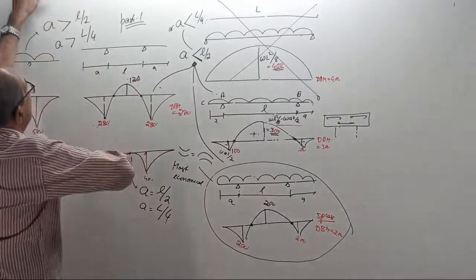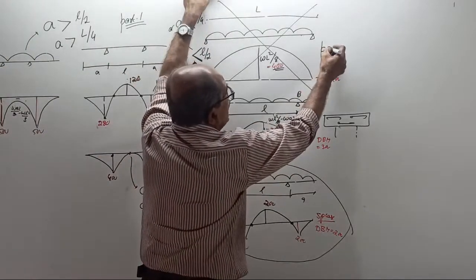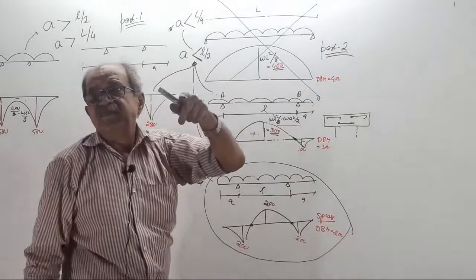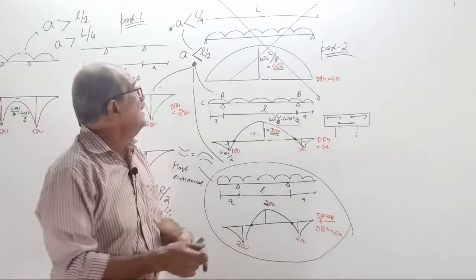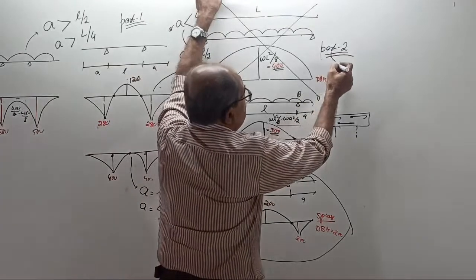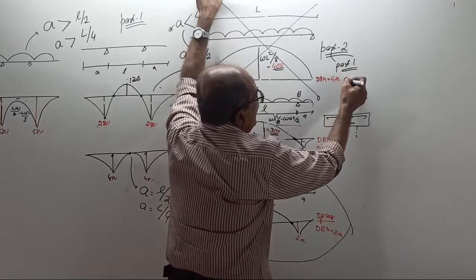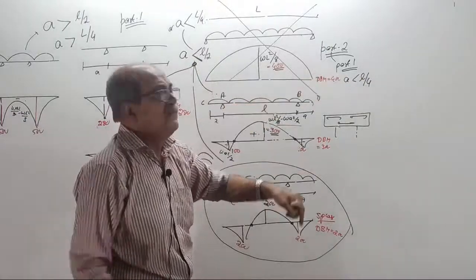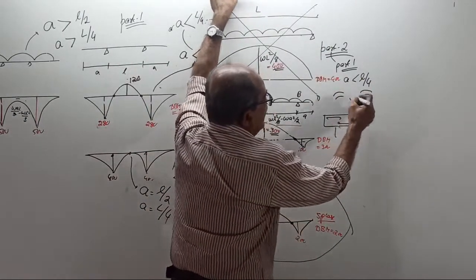Now go to part 2. Part 2 is nothing but a particular case of part 1. Part 1, when A is less than L by 4, that means hogging and sagging both are there.